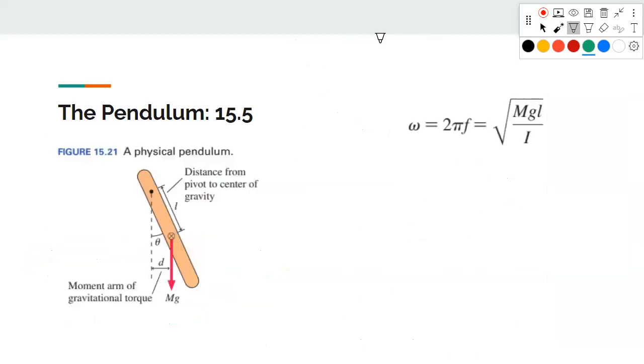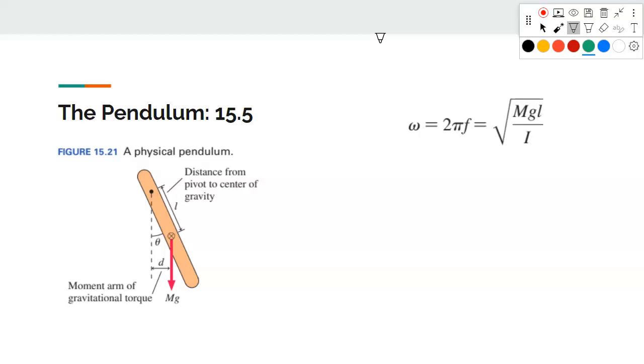The next section, though, it's also still in 15.5, but this is really important if any of you are doing the locomotion part of the group project, which is how do we look at a pendulum system that's not just a mass on a string, but that is actually a solid object swinging back and forth.